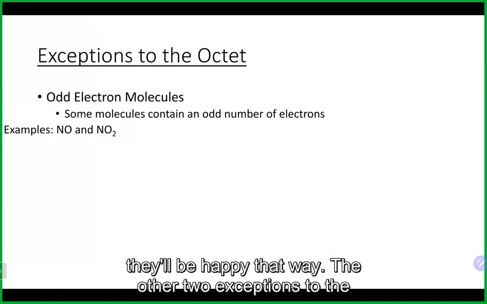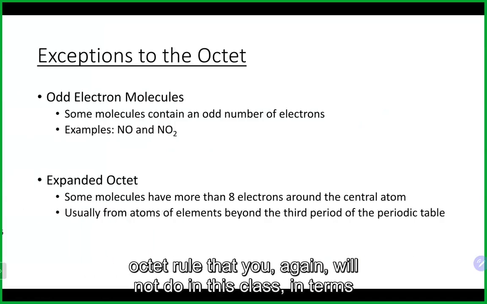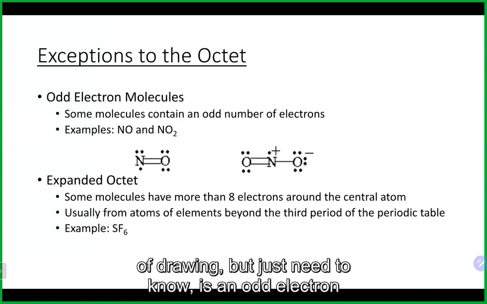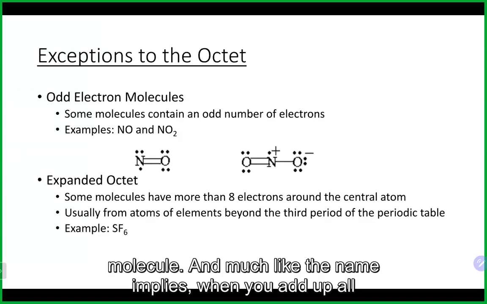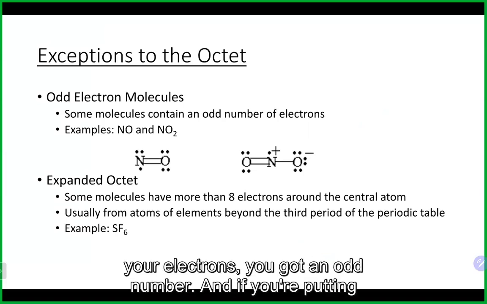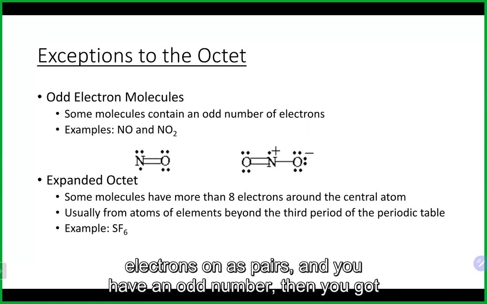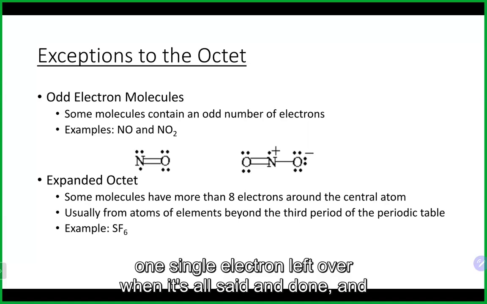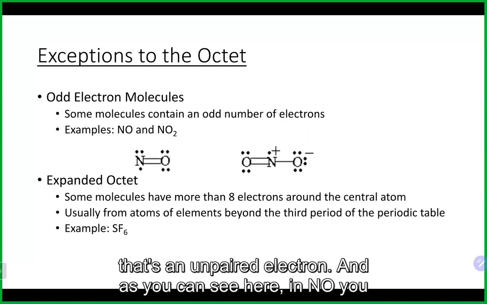The other 2 exceptions to the octet rule, which you again will not do in this class in terms of drawing, but just need to know, start with the odd electron molecule. And much like the name implies, when you add up all your electrons, you get an odd number. If you're putting electrons on as pairs and you have an odd number, then you have 1 single electron left over when it's all said and done. That's an unpaired electron.